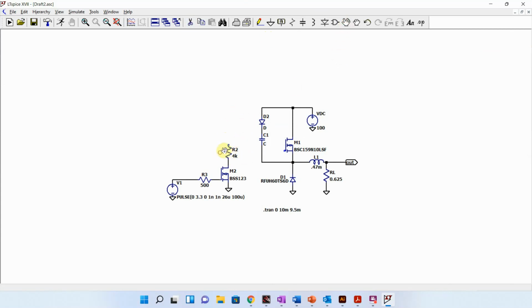And the resistor goes between the edge of the diode, and it's going to connect down to my transistor, and then this edge here connects over to the gate of my transistor, and make sure there's no connection point here. Okay, let's see how this works.